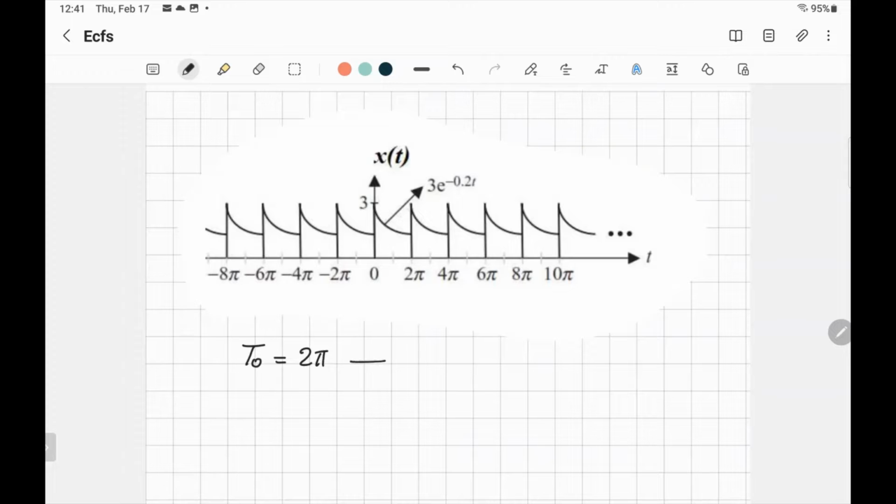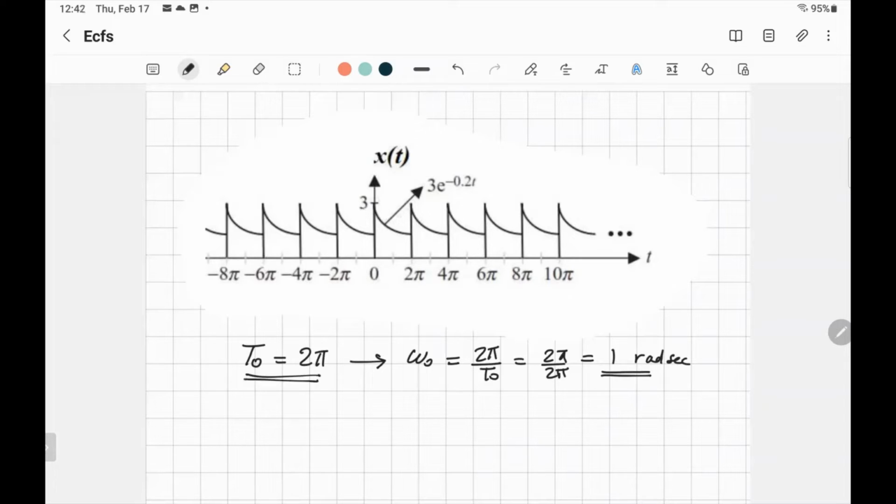Then from that, we can get the corresponding angular frequency, omega naught, which is equal to 2 pi over T naught. 2 pi over 2 pi in this case is equal to 1 radian per second. So it's easy.